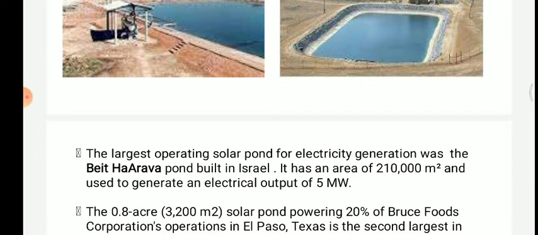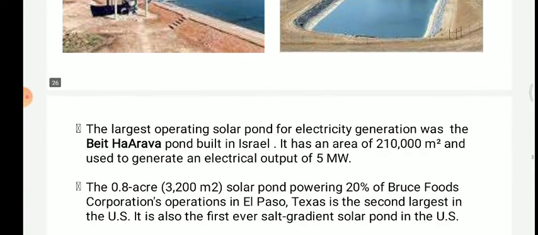The largest operating solar pond for electricity generation was the Beit Ha'arava pond, built in Israel. It has an area of 210,000 square meters and used to generate an electricity output of 5 megawatts. So there is a large amount of electricity generation.